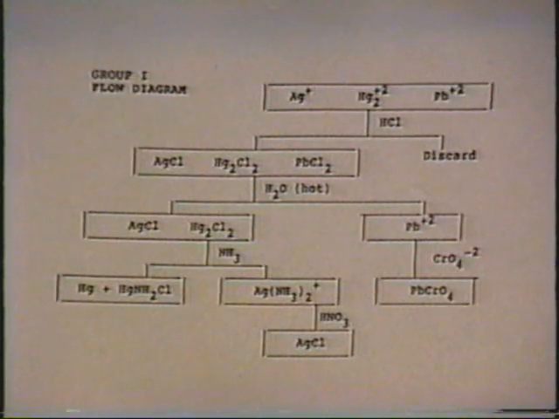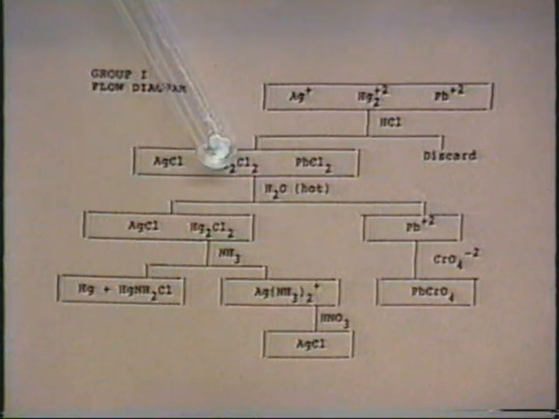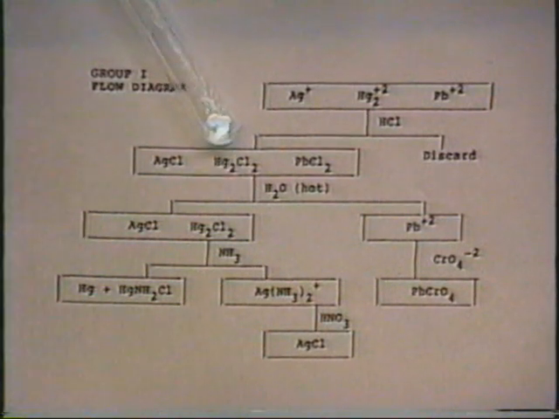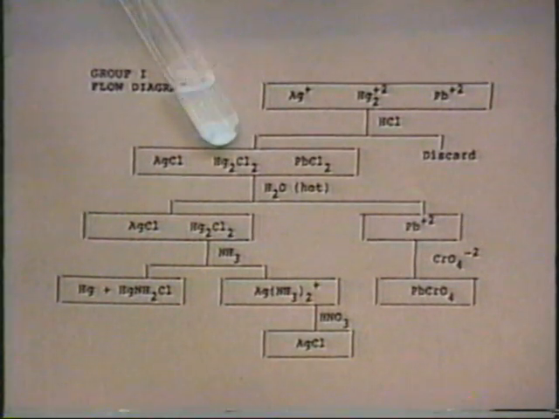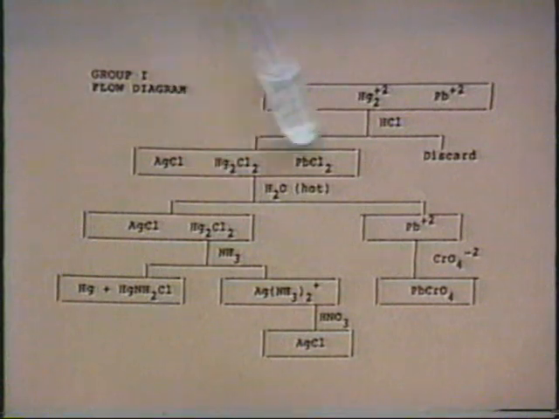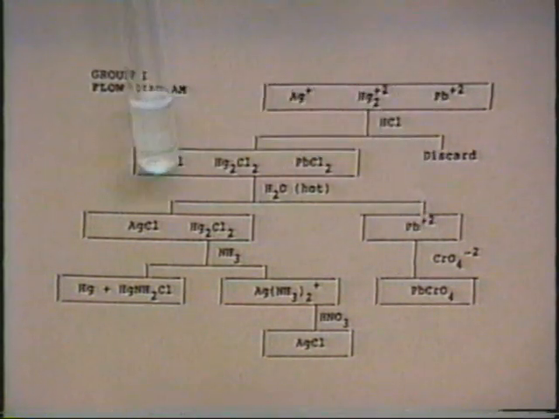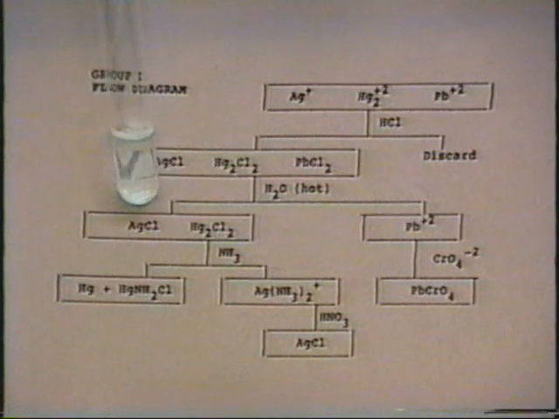Well, at this point, we've precipitated out and washed the chlorides of whatever group 1 ions are present. Now what we're going to do is add some water. And then we're going to heat this, and that way we're going to separate the soluble lead chloride from the insoluble silver chloride and mercurous chloride.